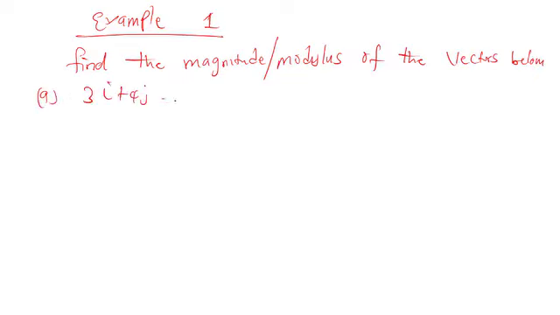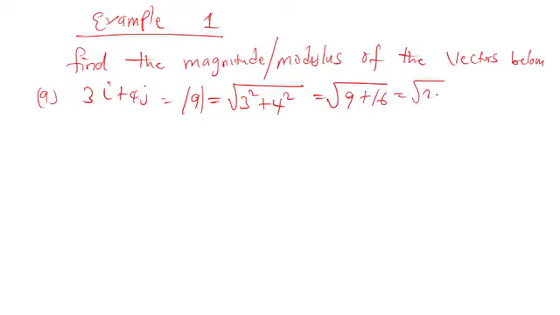In getting the magnitude, which is the absolute value, the formula is the square root of 3 squared plus 4 squared, which is equal to the square root of 25, because 3 squared is 9 plus 4 squared is 16, giving 25, which is equal to 5. So the magnitude of this vector is 5.